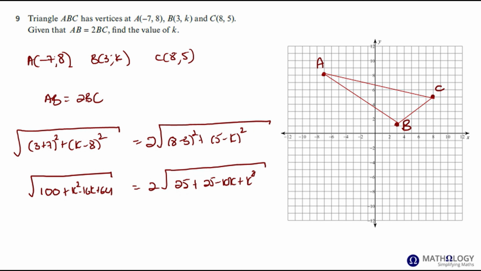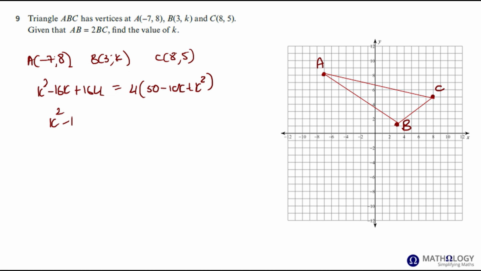Now we square both sides to remove the square root, so we have K squared minus 16K plus 164 equals, we're going to square 2, so it's 4 times (50 minus 10K plus K squared). Now we can multiply it out and simplify, so K squared minus 16K plus 164 equals 200 minus 40K plus 4K squared.